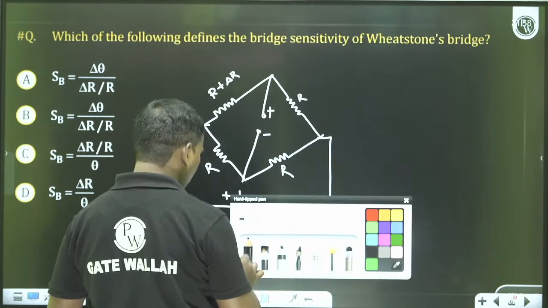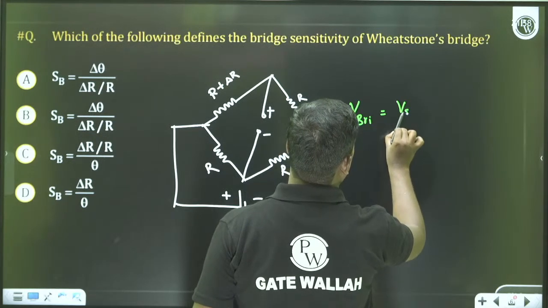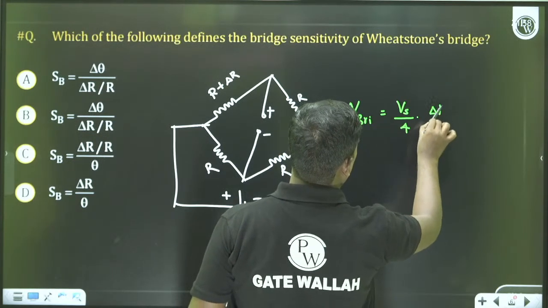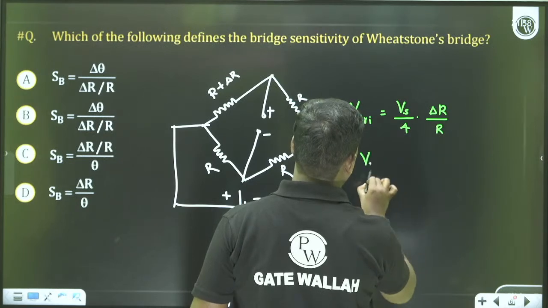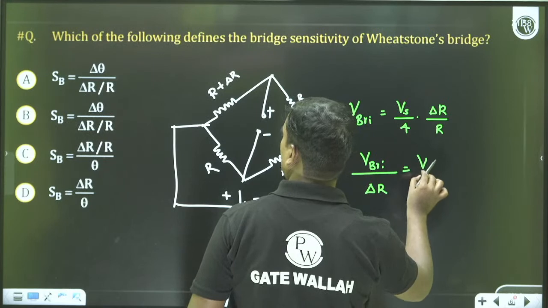We have already derived the quarter bridge expression: the bridge output voltage is equal to Vs by 4 into delta R by R. So V bridge by delta R is the sensitivity.